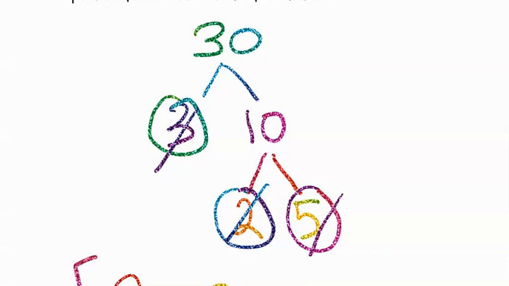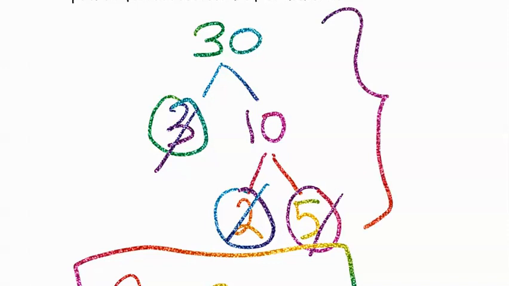We now have the prime factorization of 30, which is 2 times 3, which is 6, times 5. That is the prime factorization of 30. The factor tree was the method used to get the prime factorization of 30. So this right here is my factor tree, and 2 times 3 times 5 is the prime factorization.